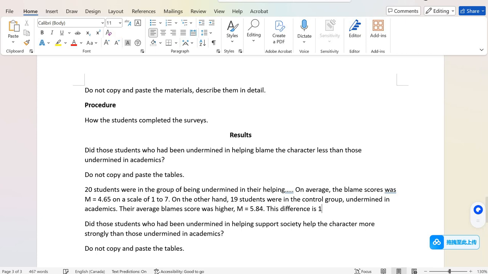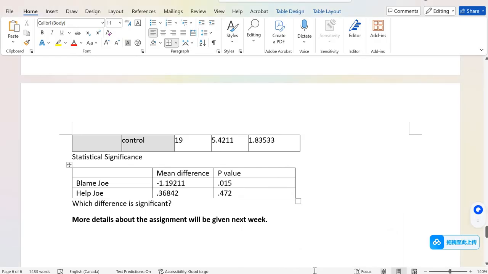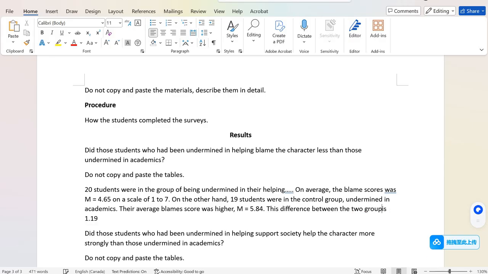What is the difference? 1.19. The difference between the two groups, which group has a lower level of blame?